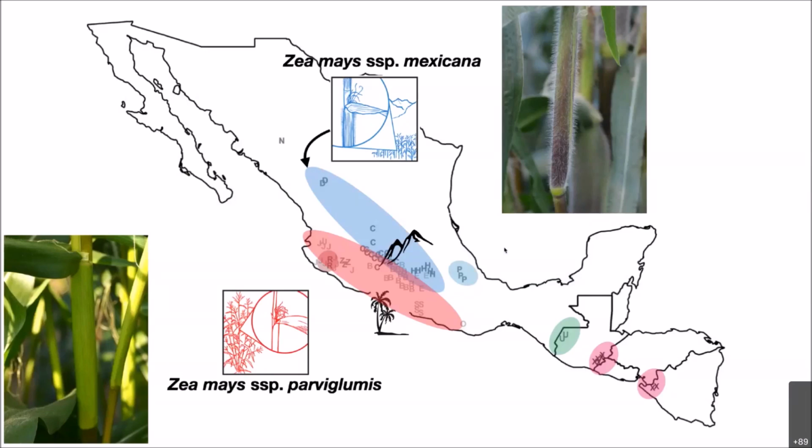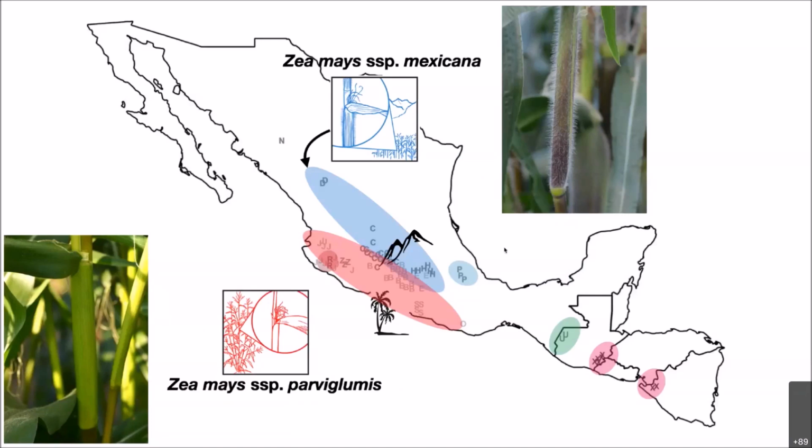These two subspecies diverged something like 60,000 generations ago, and so that's somewhat equivalent, about similar time frame in terms of units of effective population size to the divergence between humans and Neanderthals. Mexicana, shown in blue, is adapted to high elevations of the Central Plateau in Mexico, so occurring above about 1,800 meters.